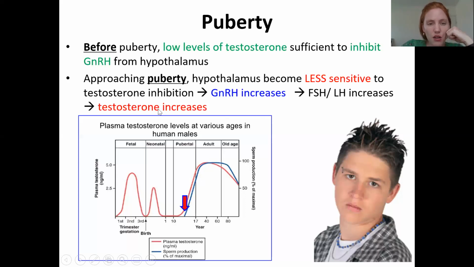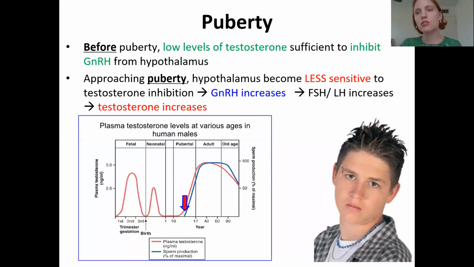The other thing that I wanted you to notice is, look at this blue line. So this blue line is the sperm production, and the reason it doesn't start until puberty is because the levels of the follicle-stimulating hormone are too low to stimulate the Sertoli cells, which means that you're not producing sperm.